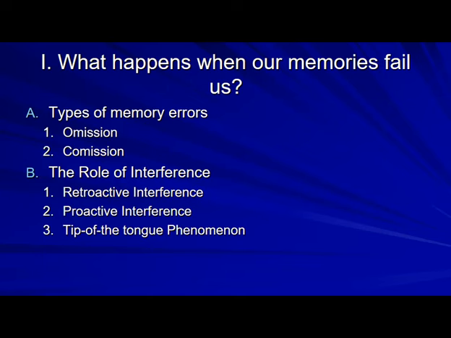The last type of memory error I want to talk about before we move on to how retroactive and proactive interference results in suggestibility is our final memory failure, which is a partial memory failure. This is what we call the tip of the tongue phenomenon. That is, we know there's a memory, but we can't drag it kicking and screaming into our consciousness.